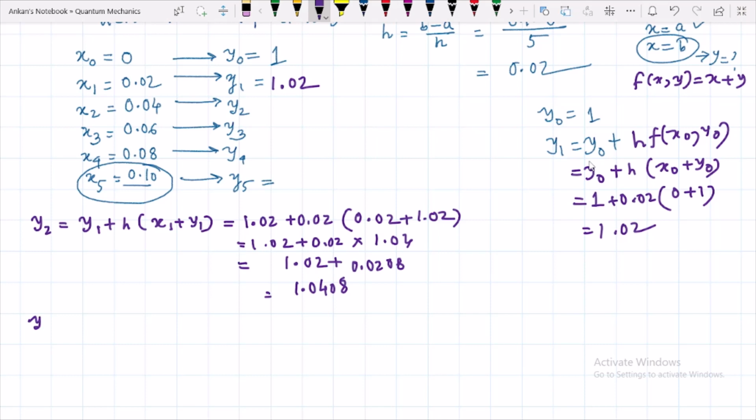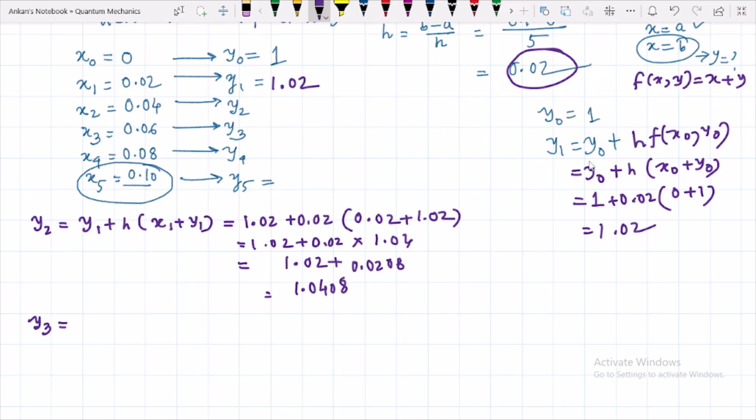After proceeding further, the calculation will be difficult or time consuming. So I have chosen the step size 0.02. It is small as compared to 1, 2, etc., but it involves some laborious work to calculate y1, y2, y3 and further.